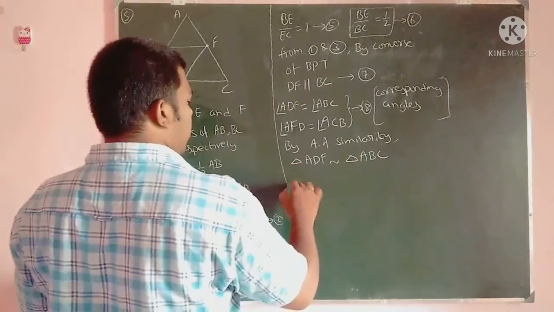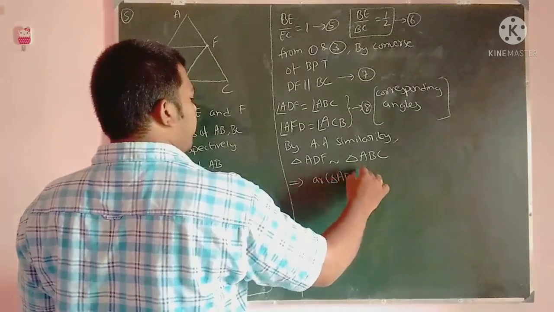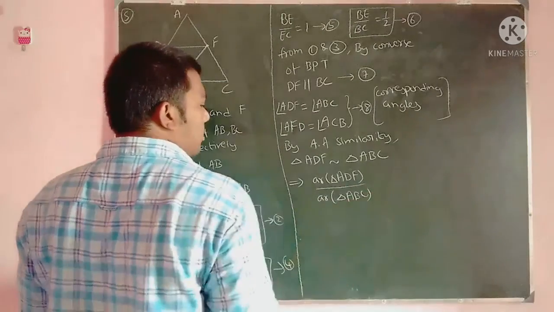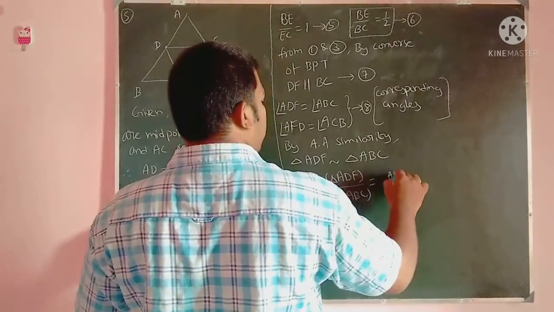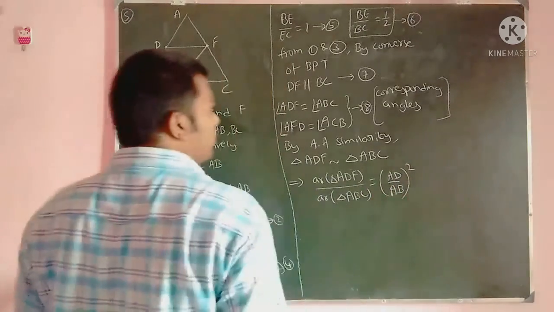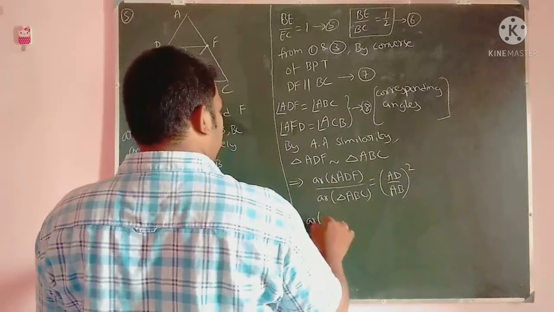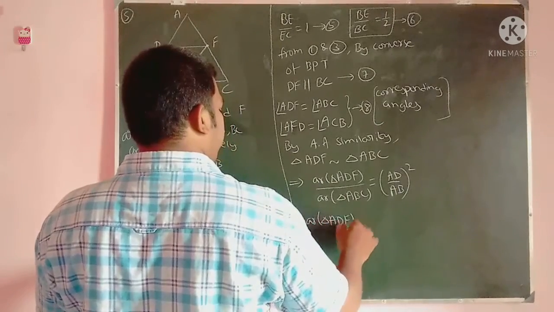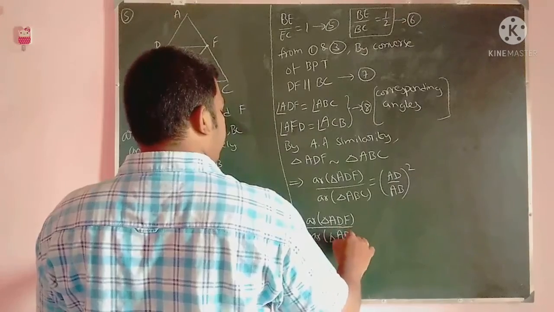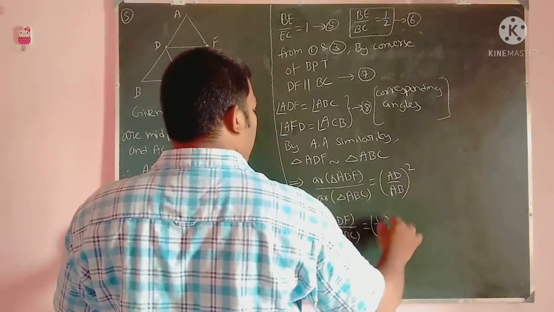By this we can write now by the areas theorem. Therefore area of triangle ADF by area of triangle ABC is equal to AD by AB whole square. So that is equal to 1 by 2 whole square.